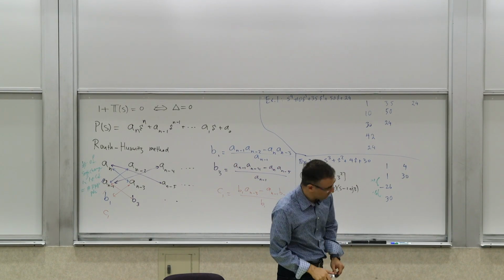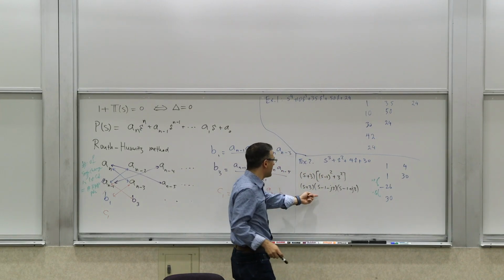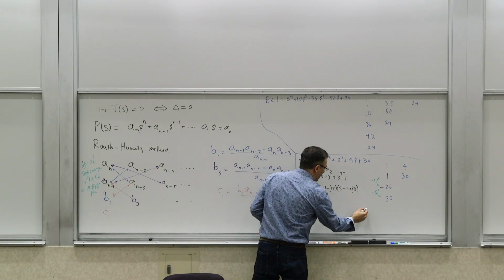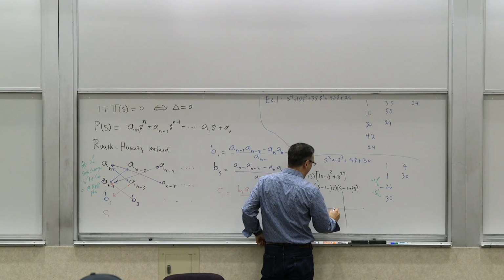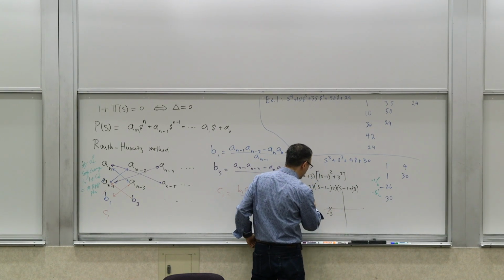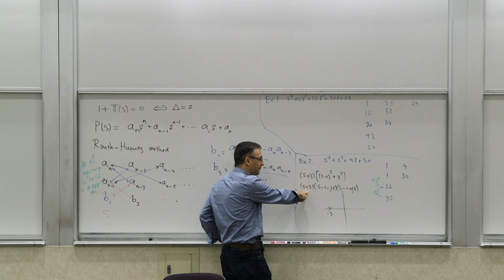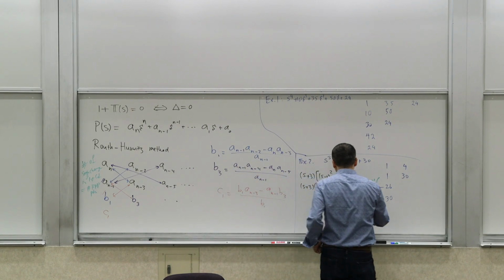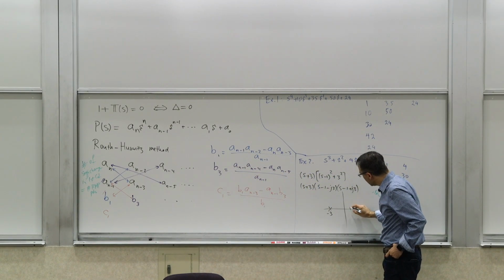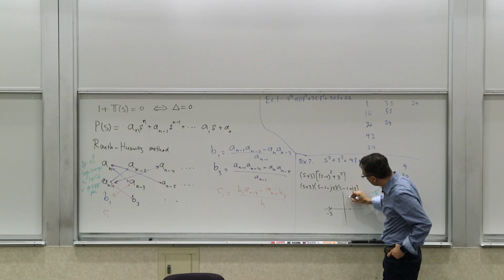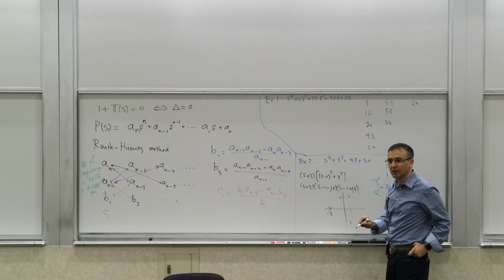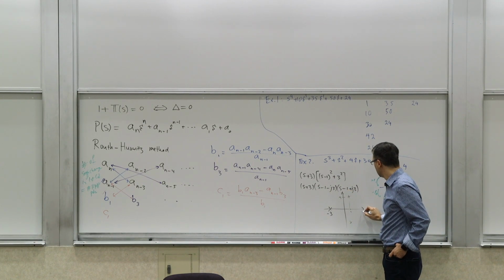So if you look at the pole-zero constellation, you have a pole at negative 3 in the left half plane, and you have 2 poles with a real value of 1 and imaginary values of plus and minus 3j in the s plane.